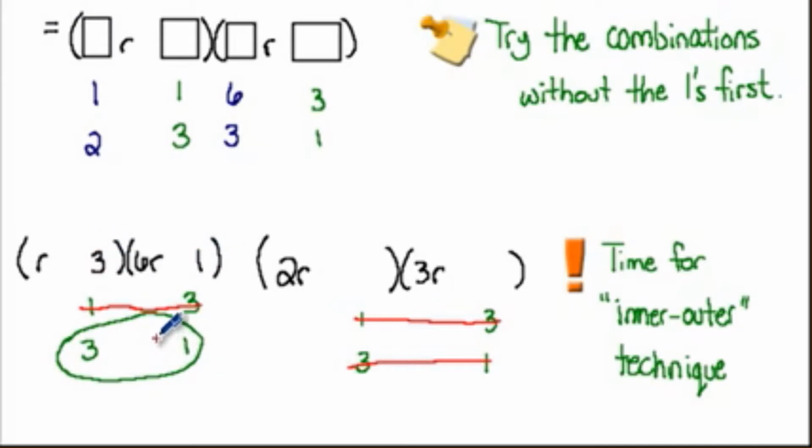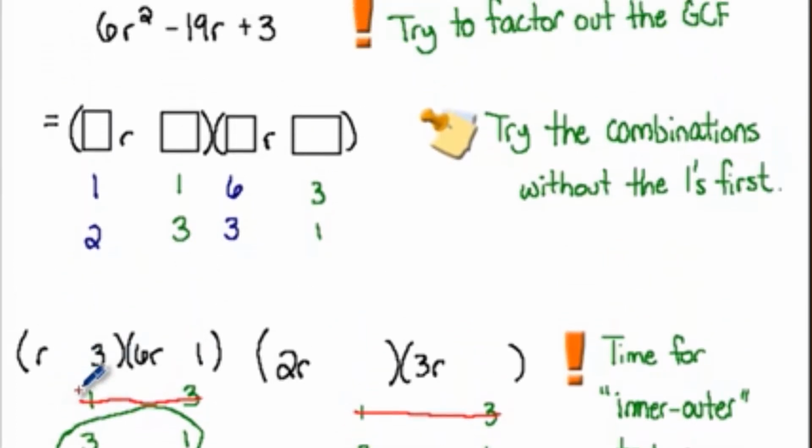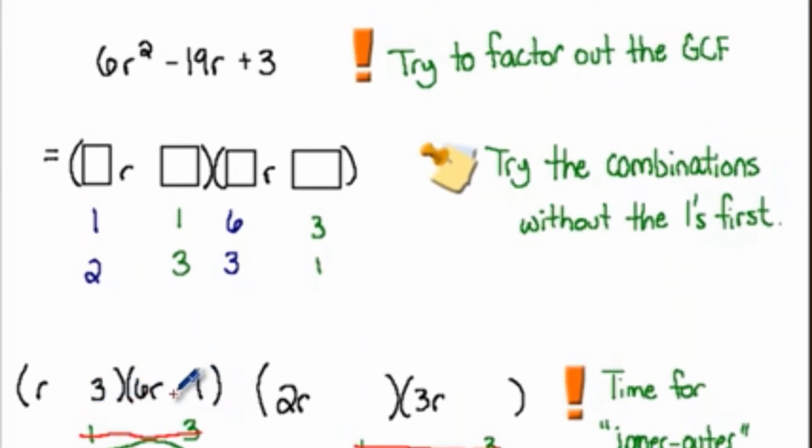And now we need to ask ourselves the signs of these. And this is why I mentioned in the first example that I won't always write the plus automatically, because the fact is we're multiplying 3 and 1 to become a positive 3. But then we're going to add 18 and 1 to become a negative 19. So it better be a negative 18 and a negative 1. And actually, that's not bad to do.